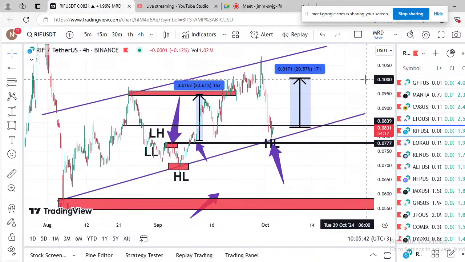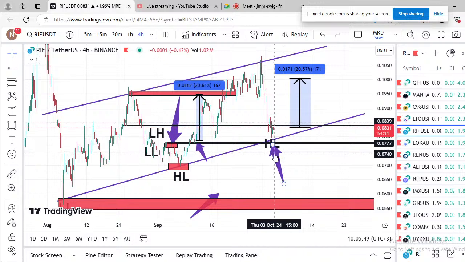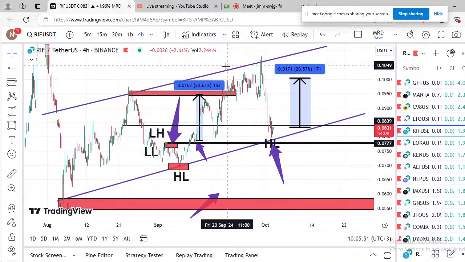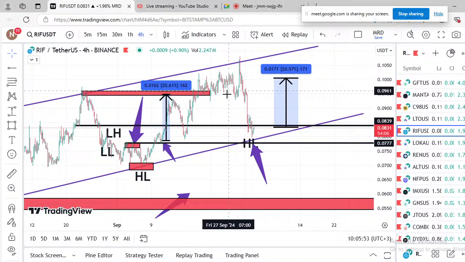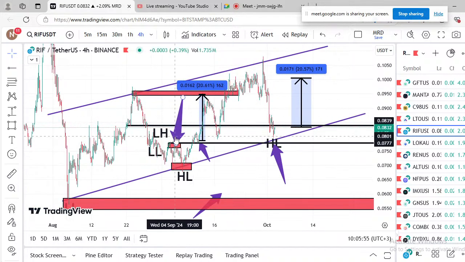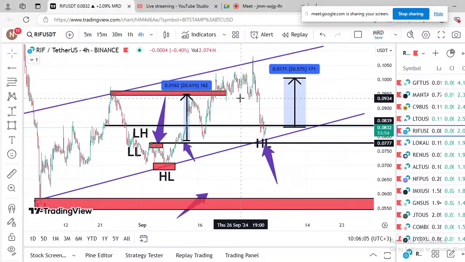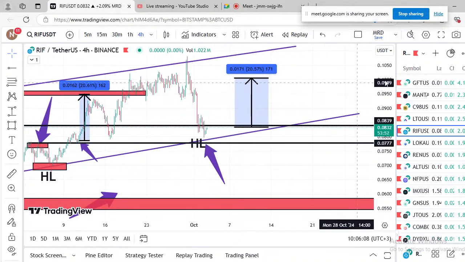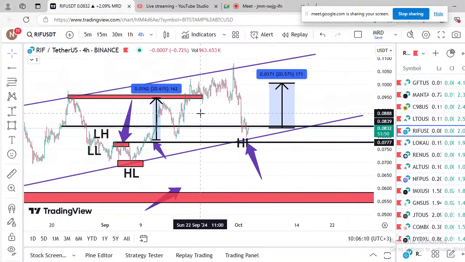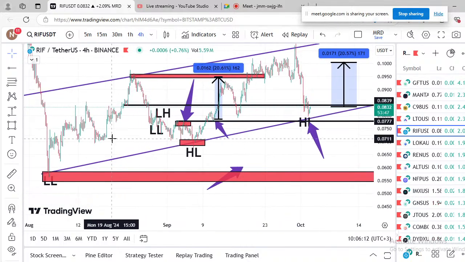You can find that there is some news circulating around. But why is it that the news is always happening when we are at the resistance level? Why? You ask yourself why. The news can always happen when we are at the resistance level, and they will start saying there is something happening, that's why the market is dropping.